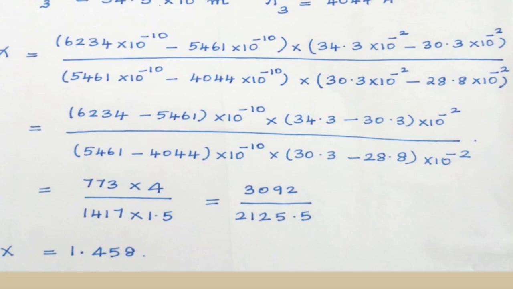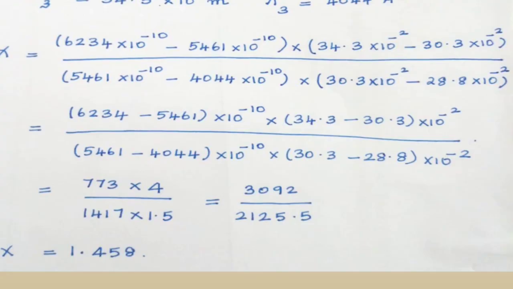Finding the difference of values, we get 773 into 4 divided by 1417 into 1.5. So multiplying, we get 3092 divided by 2125.5, and dividing the numerator and the denominator, we get x equal to 1.458.